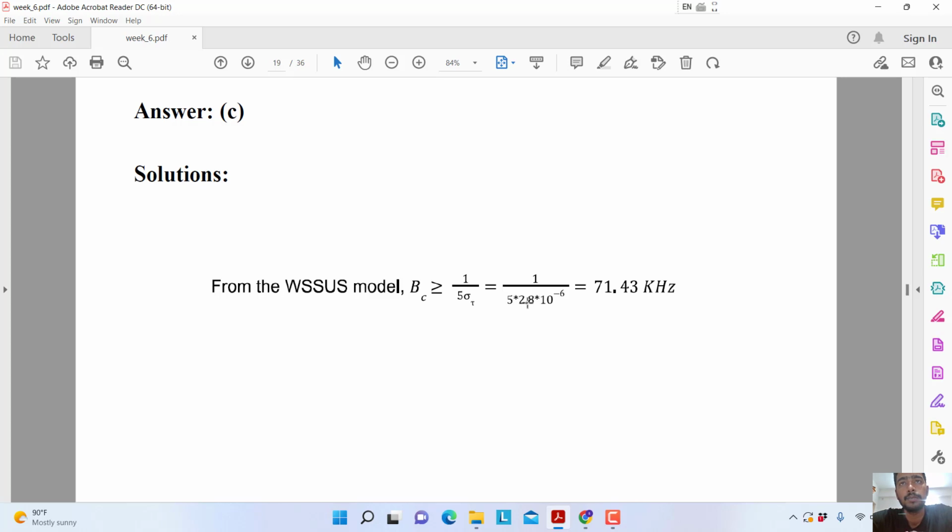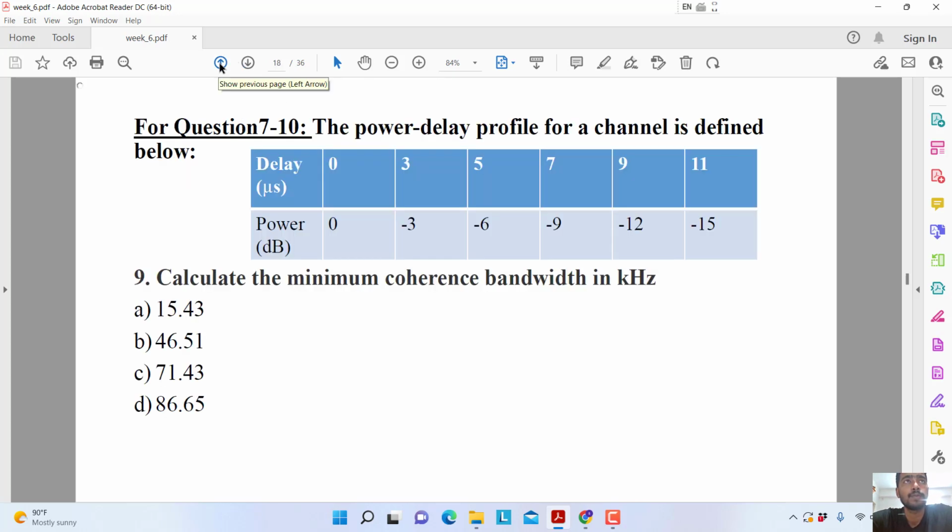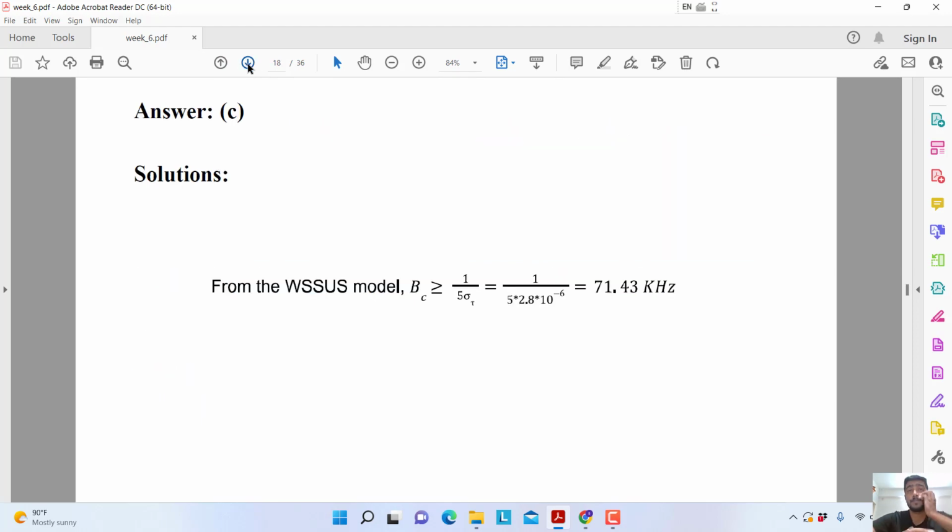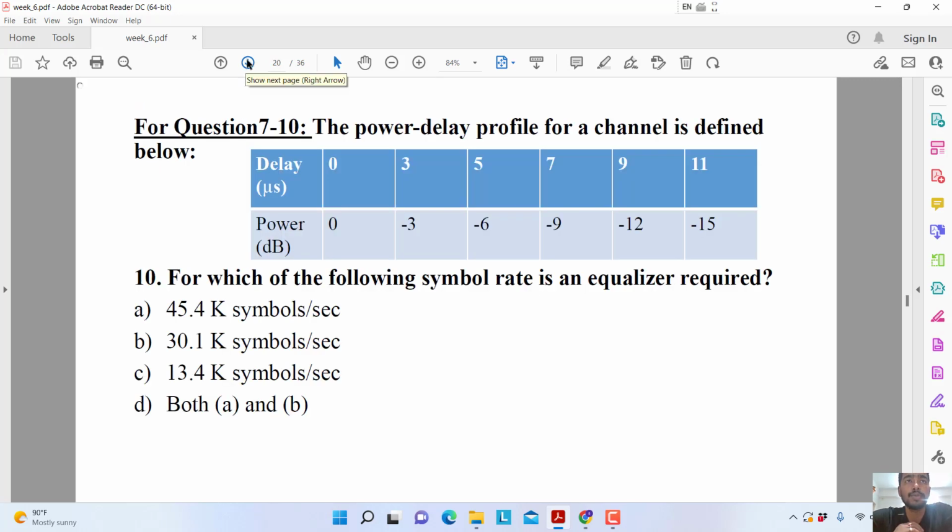After calculating, it will come 71.43 kilohertz. So the minimum coherence bandwidth is 71.43 kilohertz.